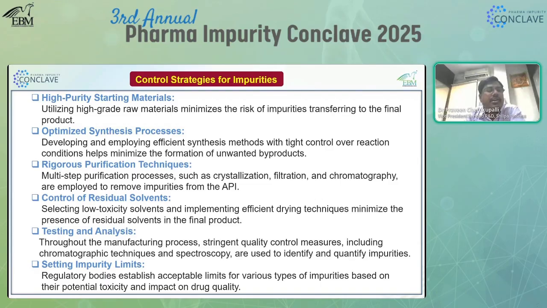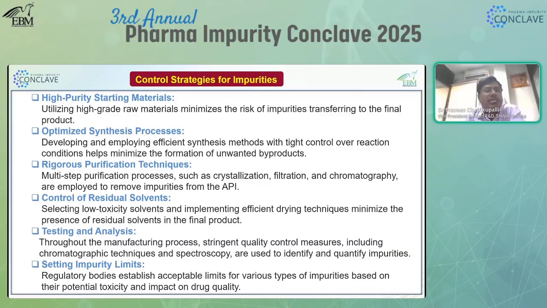Next, control of residual solvents. We generally use class 2 or class 3 solvents in the manufacturing process, so effectively controlling the residual solvents in the drug substances or drug product is critical.